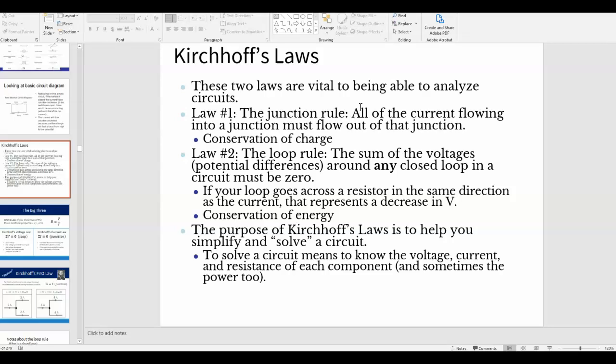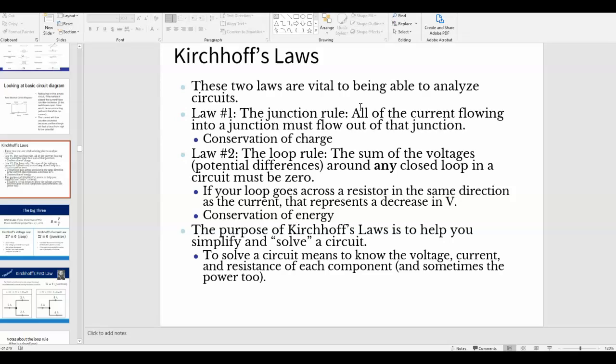A junction is basically a point where two wires connect together. Going back to the pipe analogy, if you imagine two pipes coming together and forming a bigger pipe, the place where they meet up and combine together, that is a junction. So a junction is just a point where wires meet up together.